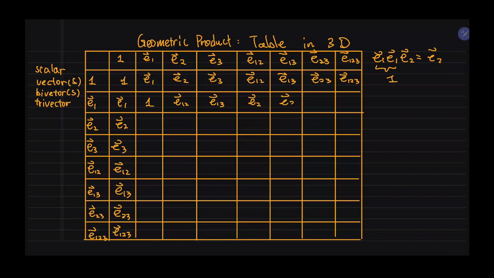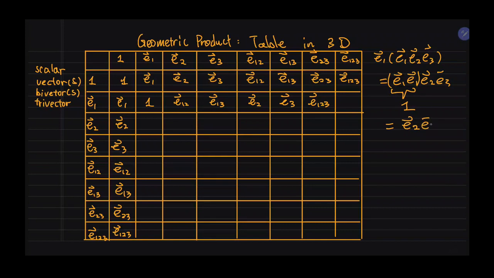For the same reason, this will be E3, and this will be E123, which is a trivector. And now comes the case E1 E23. It will be E1 E2 E3. This E1 E1 is equal to 1, so it will just become E2 E3, which we will write in shorter form as E23. So this will become E23, which is here, this guy.